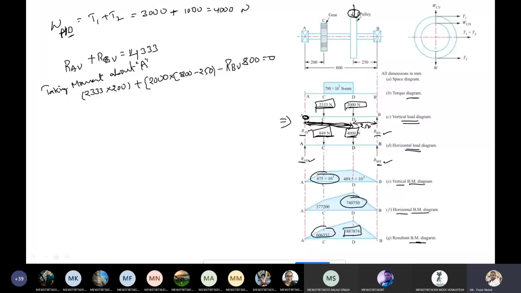Now with this equation, tell me the RBV value, the reaction at B point due to vertical load. RBV value, how much? Tell me, Babu. Make it fast. This type of problem you can expect surely in examination.